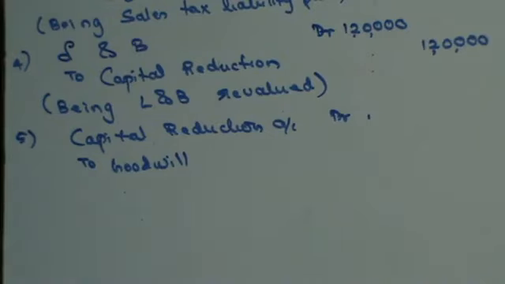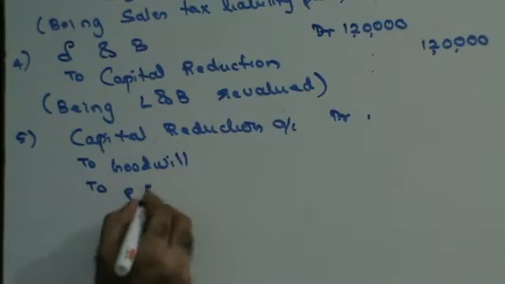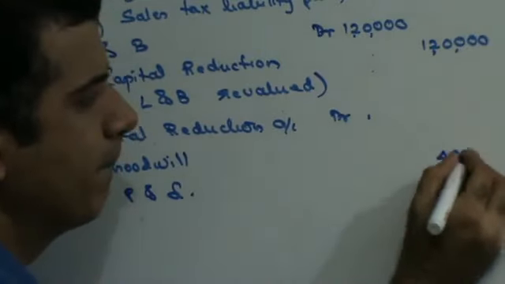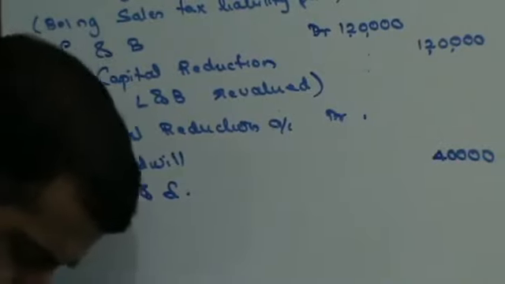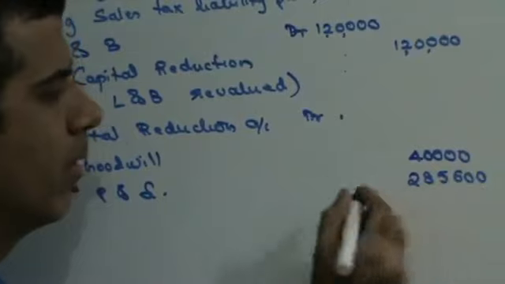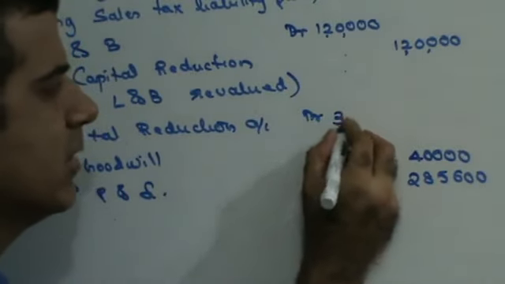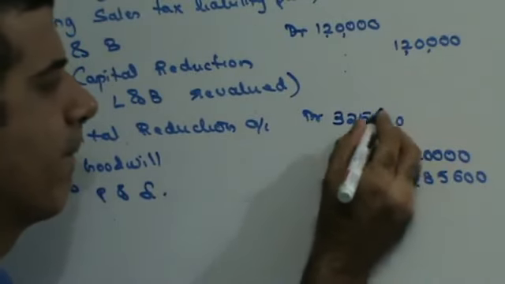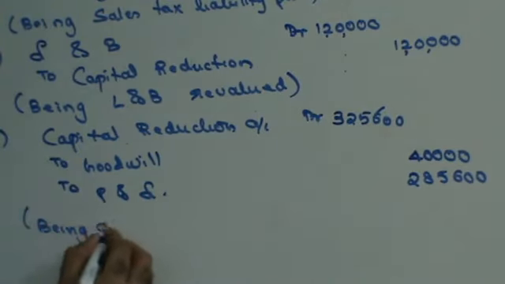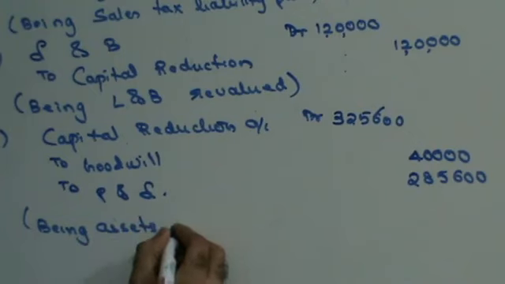That is the fictitious asset. So, whether specified or no, that has to be written off. While doing internal reco, fictitious assets have to be written off. So, goodwill is 40,000 and P&L is 2,85,600. So that is 3,25,600, being assets written off.